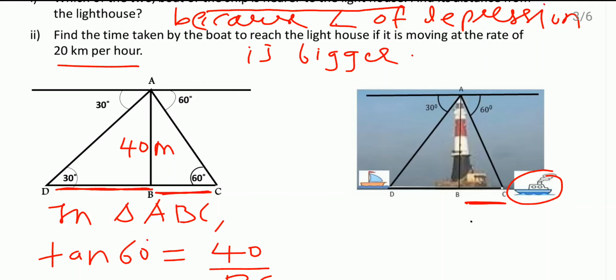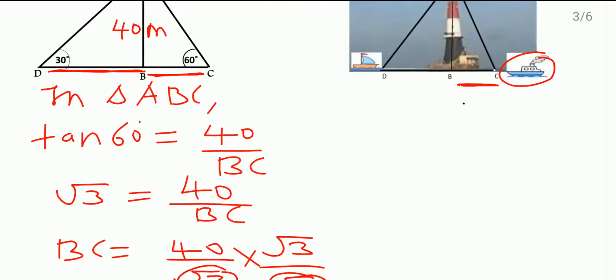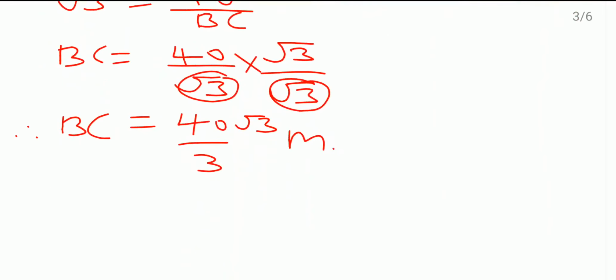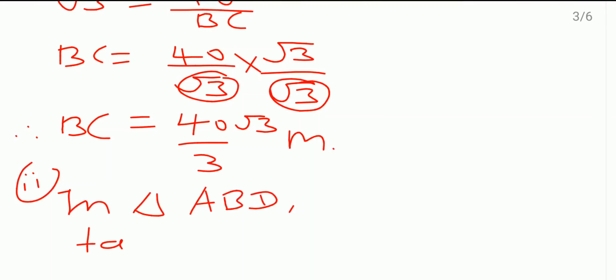So here I will first write down: we will take triangle ABD and then tan 30. In triangle ABD, this is for the second question, I will take tan 30 degree, which is equal to opposite side 40 divided by BD.